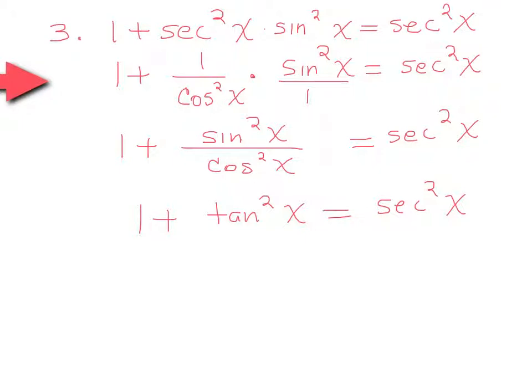It is, right? That is the second identity, which is this one. See, this is equal to secant squared of x. So when you rewrite that, that is just secant squared of x. It's equal to secant squared of x.